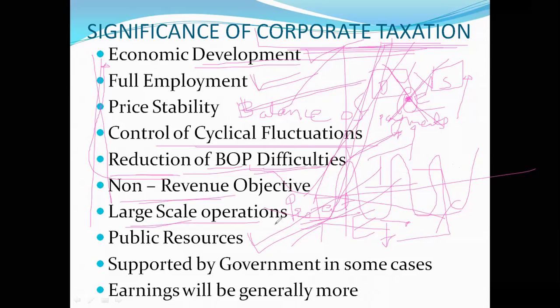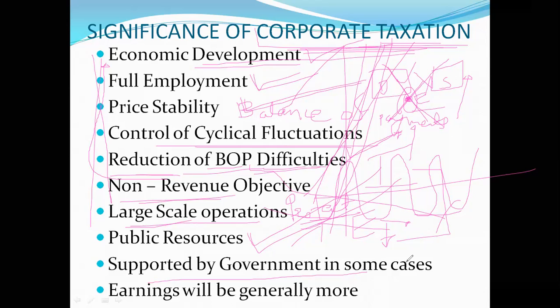So in order to see to it that public resources are intact and used in a proper way, corporate taxation helps. And in some cases, as we have seen in the 5th unit or 4th unit of our syllabus, the government will encourage companies which operate in special economic zones, in backward areas, 100% export oriented undertakings, and organizations engaged in telecommunication and production of electricity, power generation.